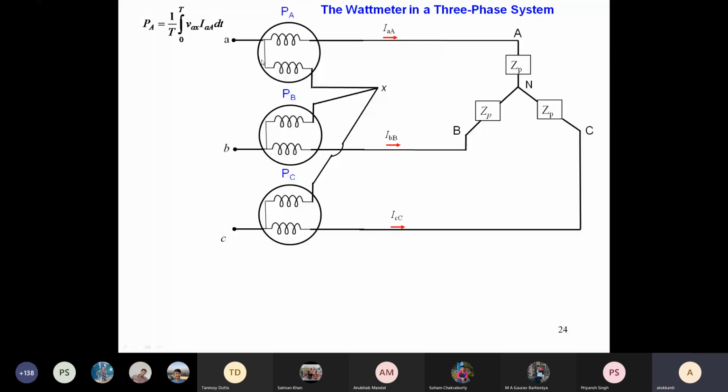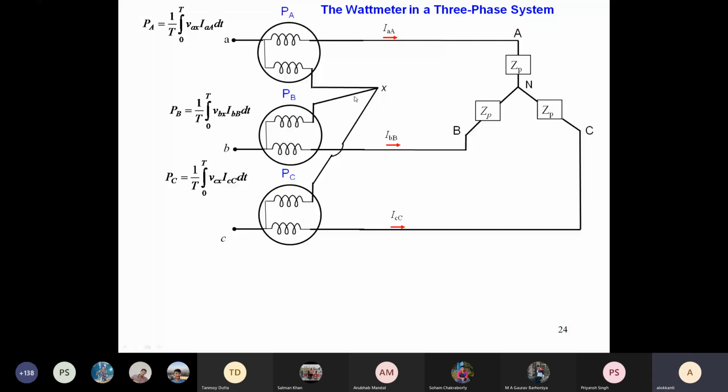Similarly, we can get the expression for power in wattmeter B: 1 by T integral of VBX IB dt. X is that point, so this is the voltage at B with respect to X.